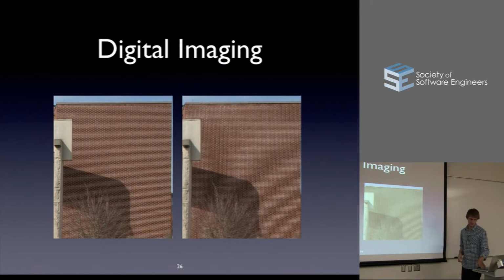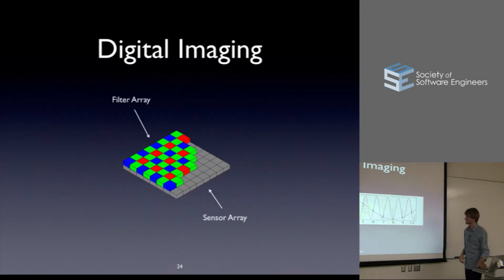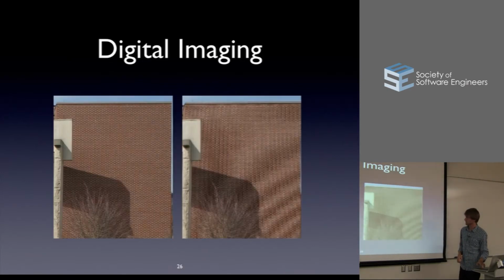So again, when imaged, this effect happens, and then we get this weird waving look. And this can actually be seen with your own eyes. When you look through a screen door sometimes, it looks like there's this wavy pattern that appears.